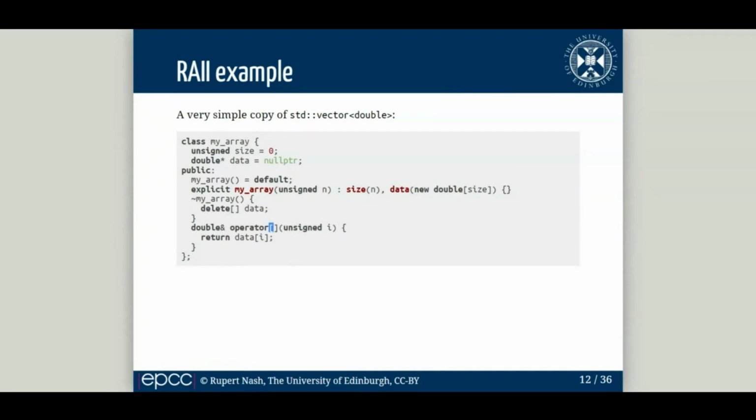Also here we define the operator square bracket, and we return the data that is in the square bracket. I see that there is a question in the chat asking what is the meaning of explicit here. We can see later an example: this constructor can only be used if you call it in an explicit way.